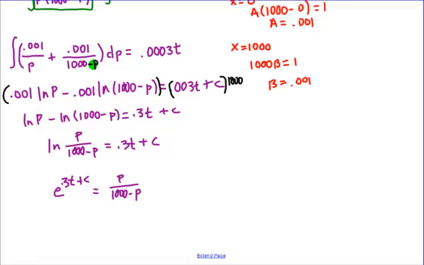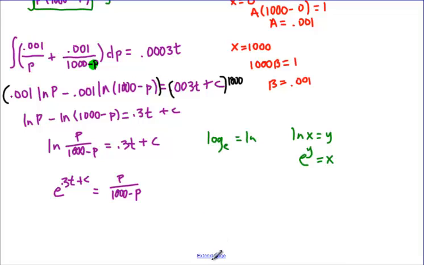Just using my logarithms. And the rule I'm following, in case you don't remember, is that log base e is a natural log. So if I have the natural log of x equals y, then e to the y is equal to x. So don't forget this. Then once I'm here, I've got that initial condition that has to be met.